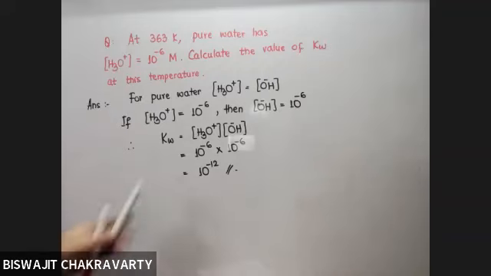So if Kw is 10 to the power minus 12, and water is neutral, neither acidic nor basic, then obviously the midpoint will be 10 to the power minus 6, at which it will be neutral, where H3O plus and OH minus concentration will be same. Understood? I hope everyone has understood.